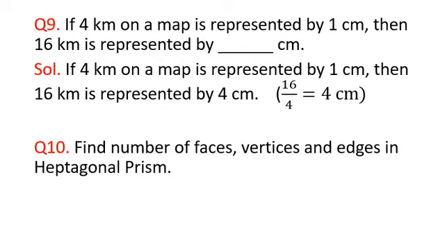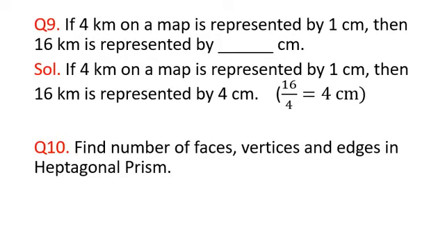In a heptagon the number of sides is 7. I think till hexagon it is very clear to you. A heptagon will have 7 sides, an octagon will have 8, a nonagon 9, and then a decagon 10.